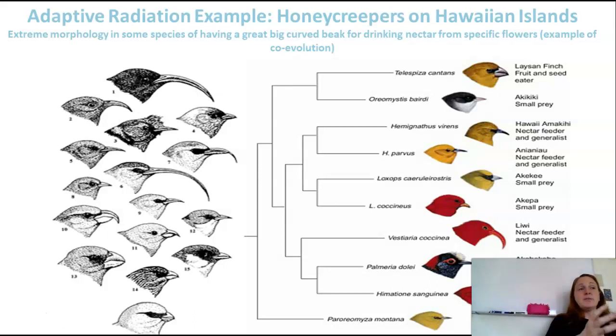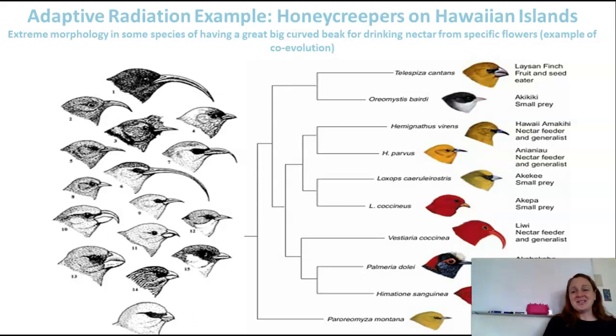And so if you can start to develop adaptations to take advantage of new niches, that makes you more successful. You're more likely to pass it on to the next generation. And within a certain amount of generations, we now see speciation occur. And some of those phenotypes that we see are pretty extreme. So we're looking at something like the honeycreepers, which I think is a good example of adaptive radiation.